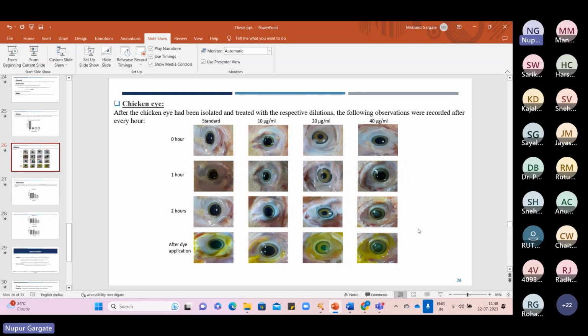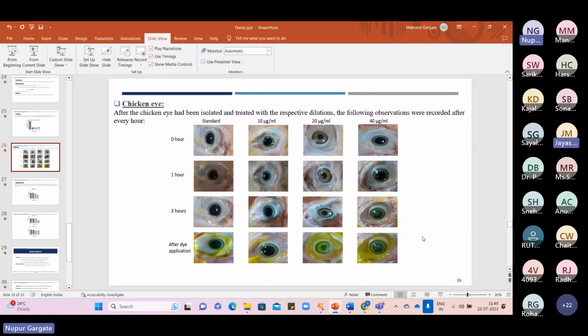So when we apply it topically, we just poured 1 or 2 drops of the respective concentration, and we saw whether damage had occurred. So this is mainly to test the toxicity of the particular compound. Okay, just to check the toxicity, nothing else. Yes, only to determine toxicity.